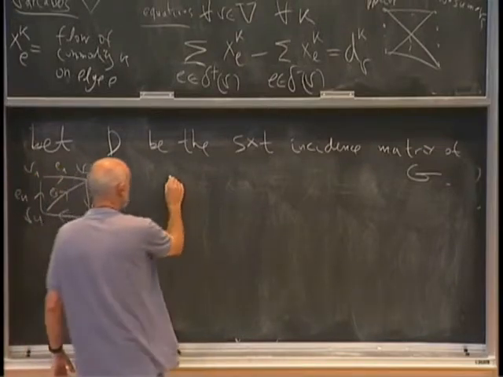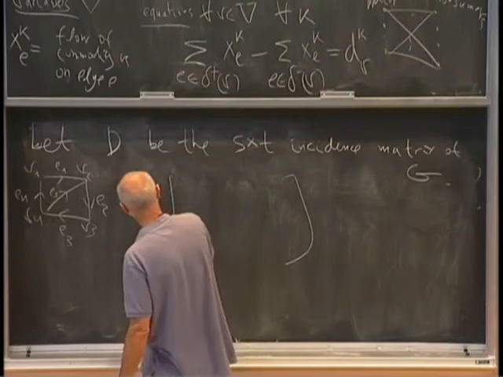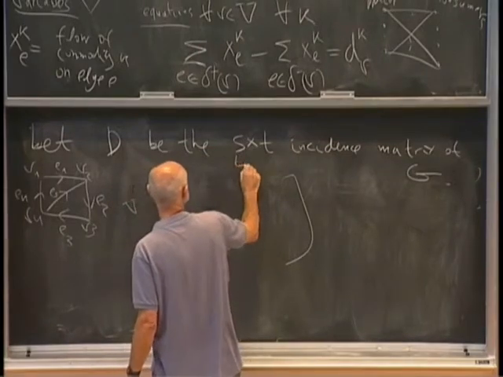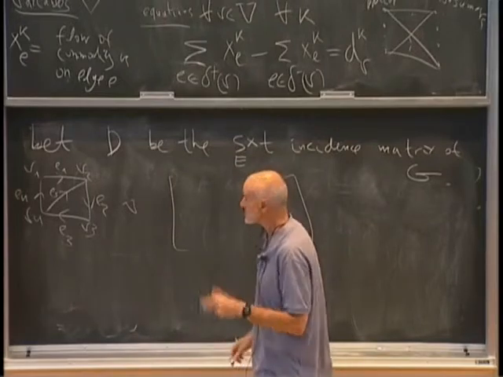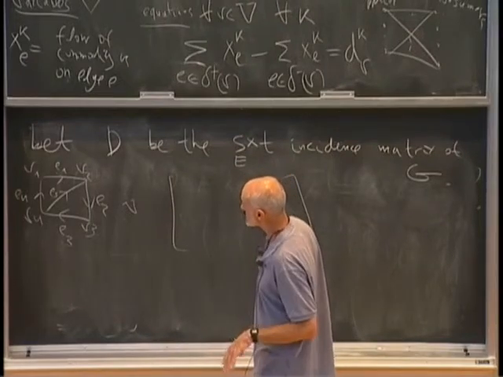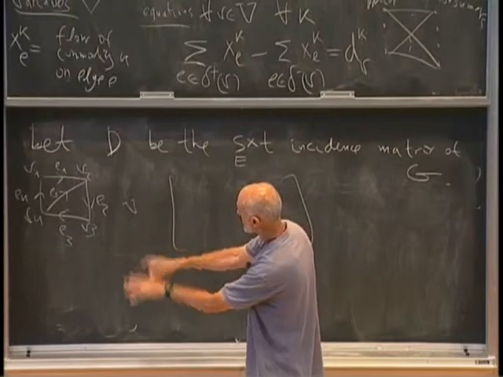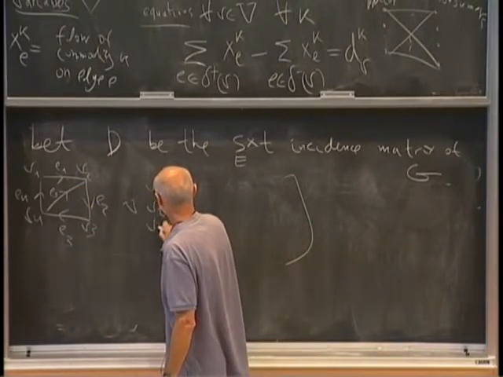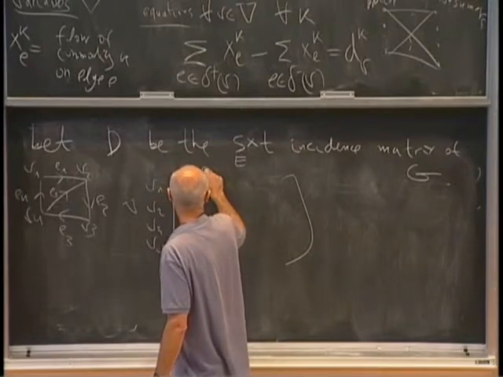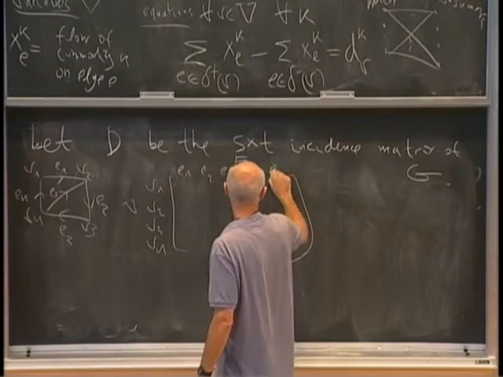So the incidence matrix is indexed by vertices on this side, edges on this side. Edges means directed edges. And we have ones and minus ones according to whether the edge enters or leaves. Entering means pushing flow, so this is a plus.